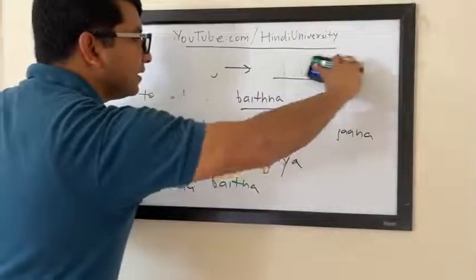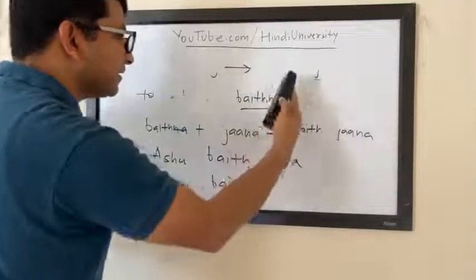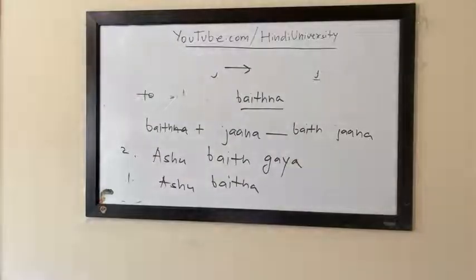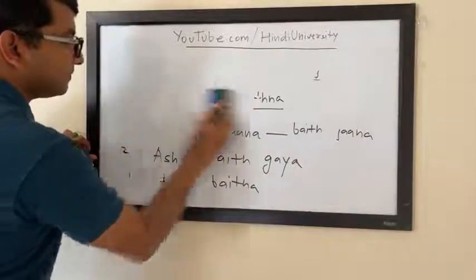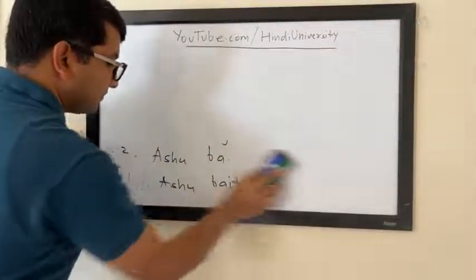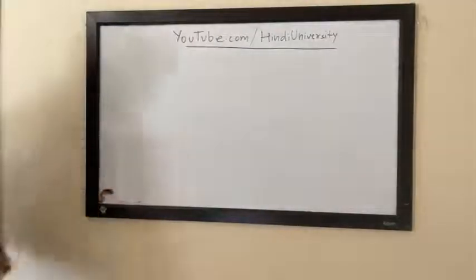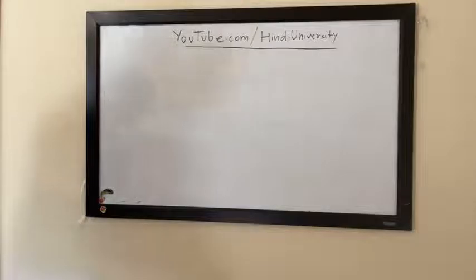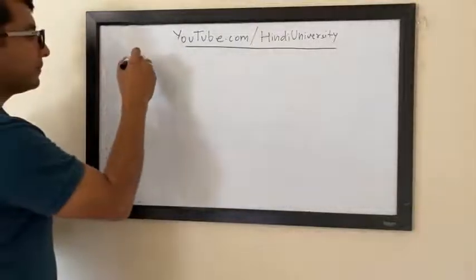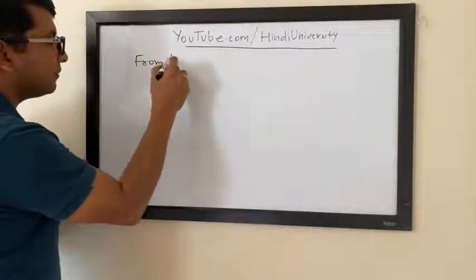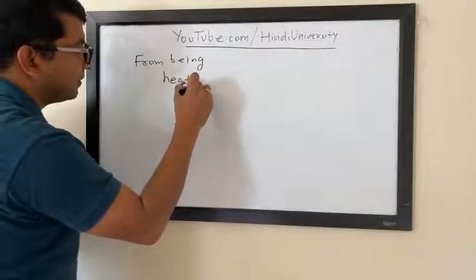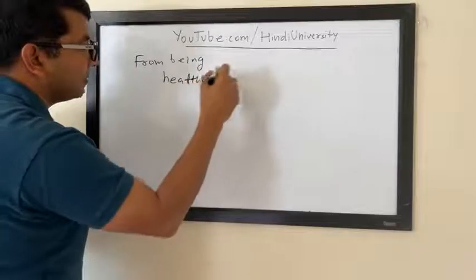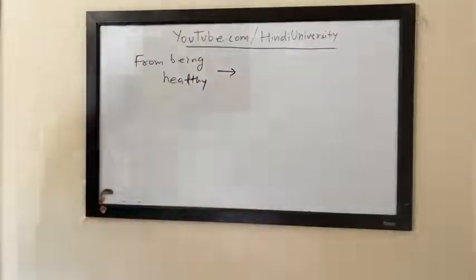Which is basically when someone gets sick, right? When someone gets sick, let's try to use it. So let's see, someone from being healthy, hopefully this will make sense, from being healthy, they are falling sick.